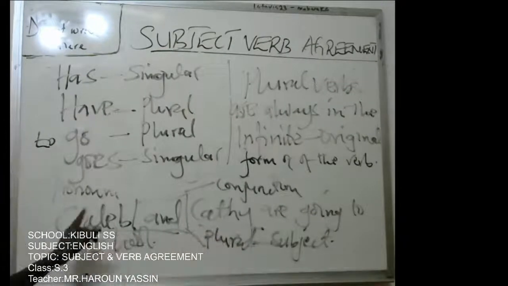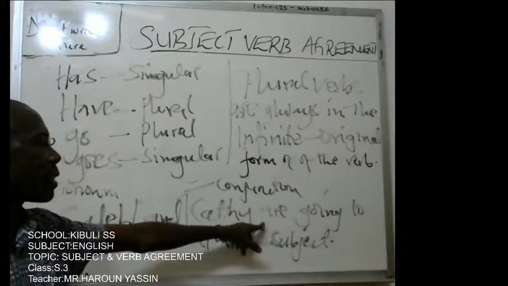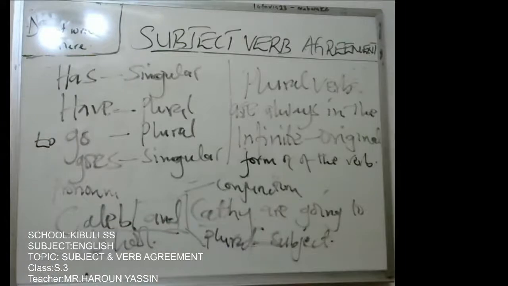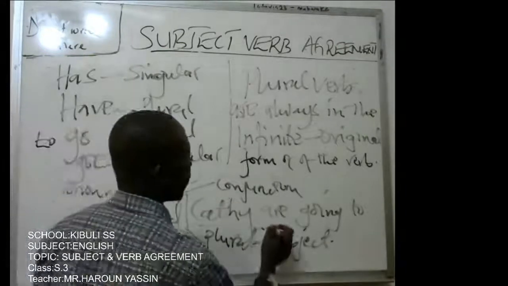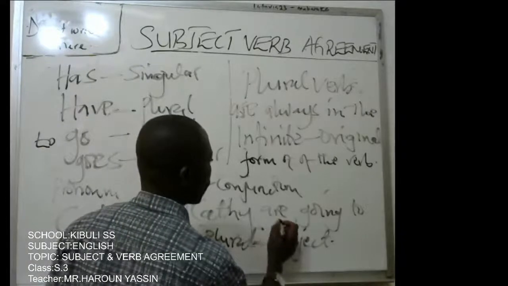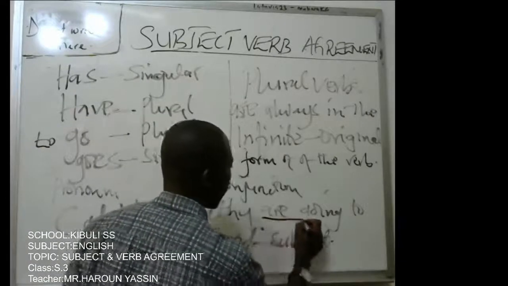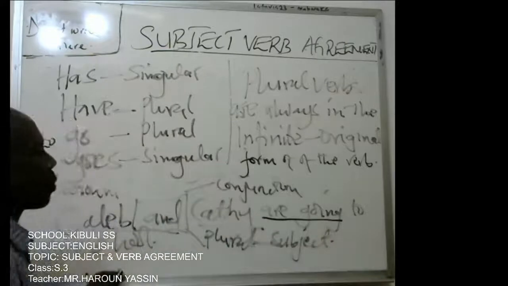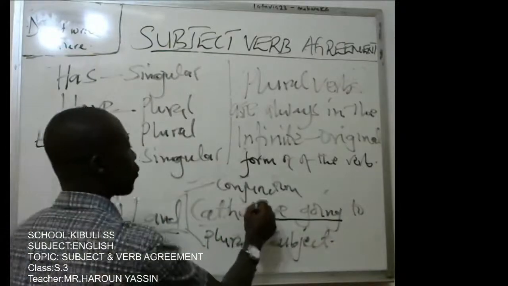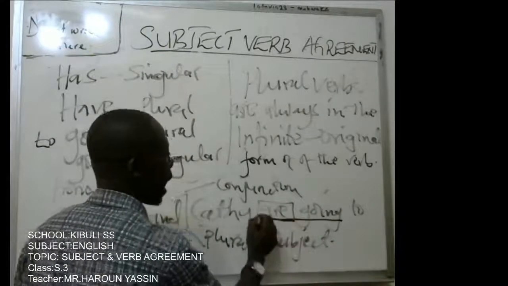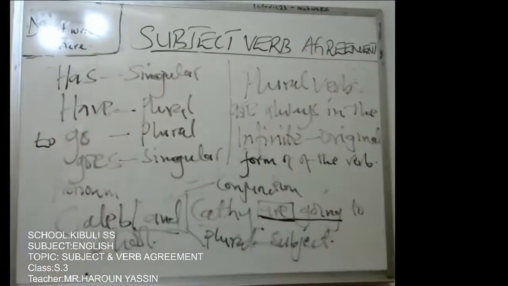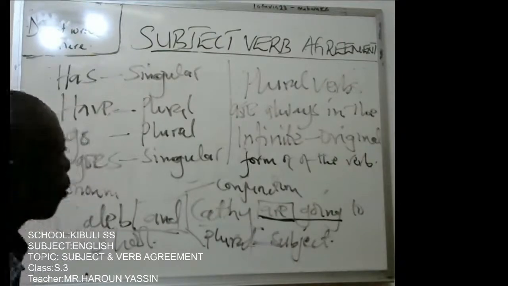These two are taken as the subject of this sentence. Then what is the verb in our sentence? The verb in our sentence is going to be are going. But I'm more interested in the word are. Are is a plural form of yet a verb that I've got to challenge people with.